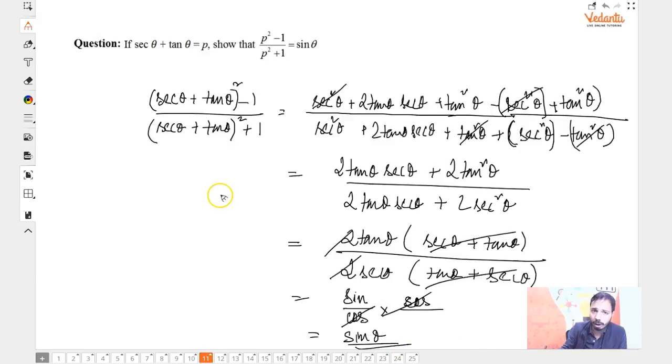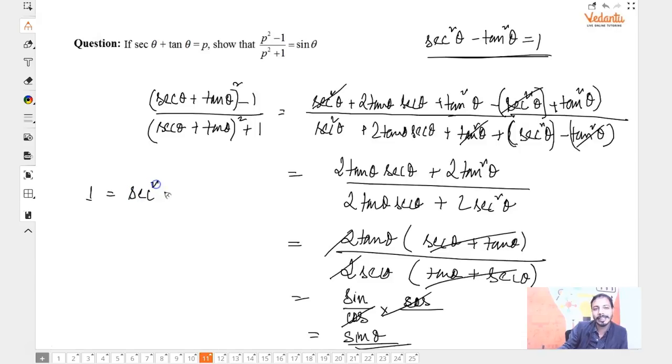Now guys, always remember that all of you know trigonometry, and if you see the solution, all of you can do it. It is a very famous saying that trigonometry is not about writing sec square theta minus tan square theta as 1. It's about the other way. It's about writing 1 is equal to sec square theta minus tan square theta.